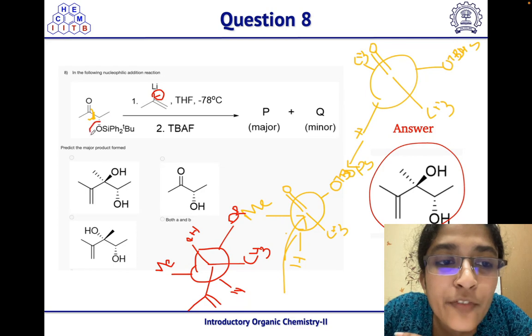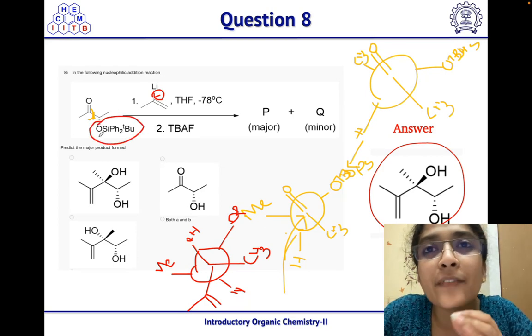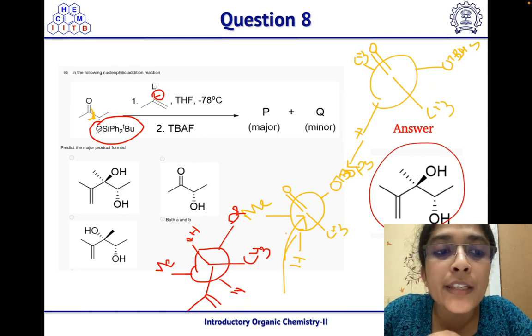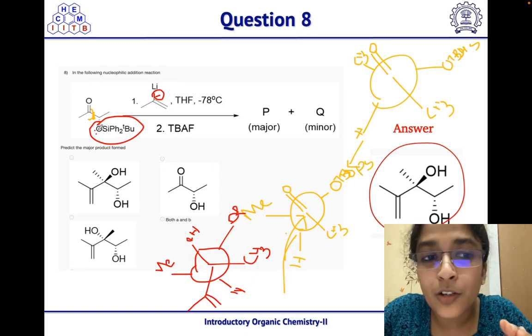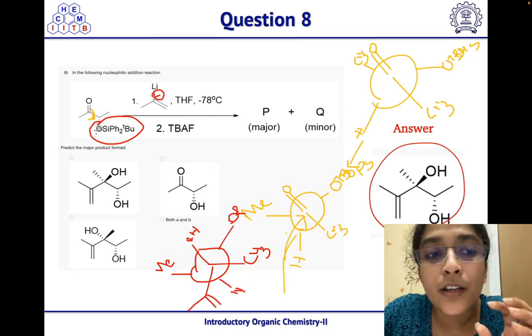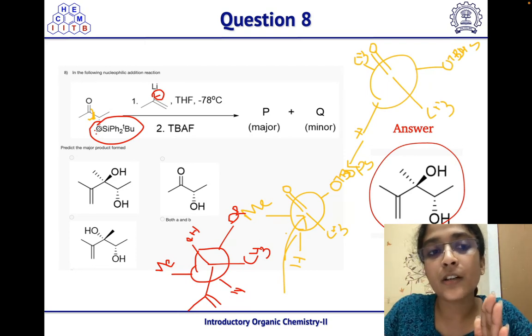If there is an electronegative group like chlorine or bromine, groups having lone pairs of electrons. Here, this protected oxygen group, the OH group, is having lone pairs of electrons, right? For such systems we should follow the Cram chelate model.